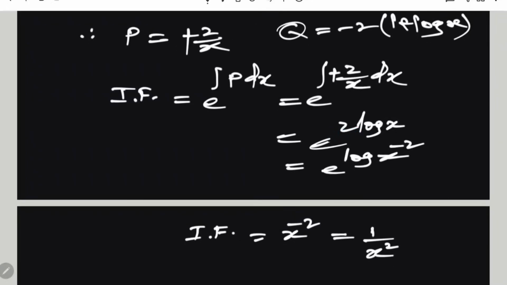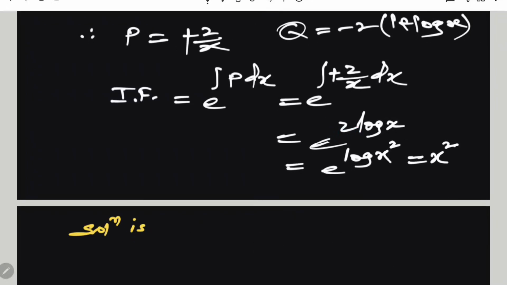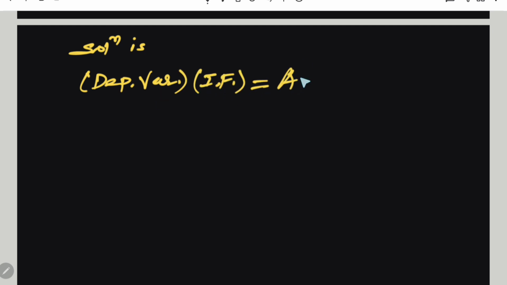The integrating factor is e raised to the integration of 2 by x dx. It is x square, and therefore the solution is: dependent variable into integrating factor equals constant A plus integration of Q into IF with respect to x.